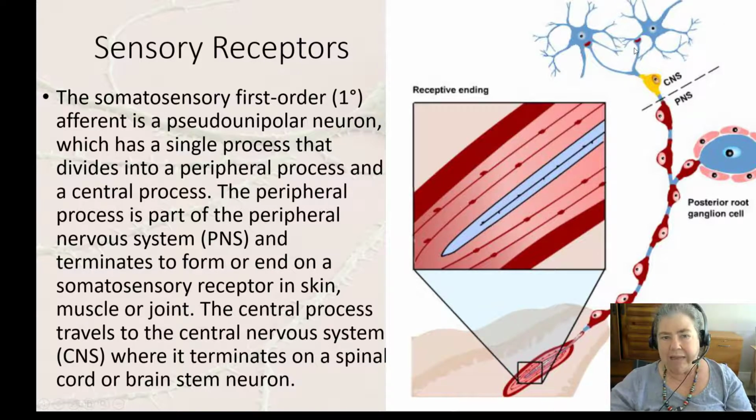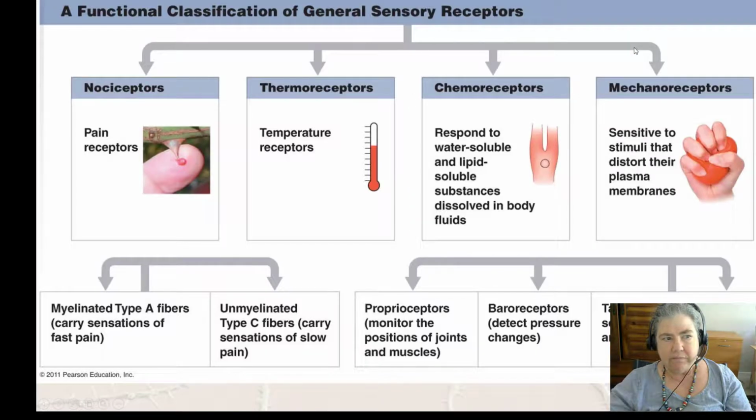This is just another classification of the kinds of receptors in our general somatosensory system. We have pain receptors, we have temperature receptors, we have chemoreceptors, which is interesting. So, in our special senses, we have chemoreceptors for taste, particularly, but there are chemoreceptors in our general somatosensory system as well.